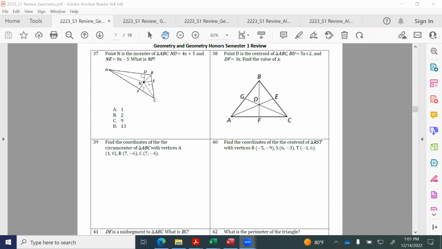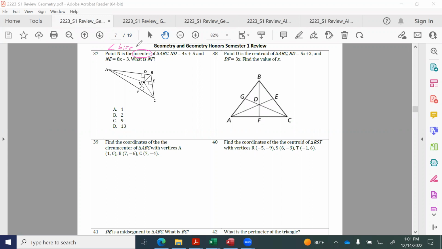Yes. All right, let's see if we can at least get these four done. On 37, point N is the in-center of ABC. So again, it's the in-center. In-center means it's where all the what meets. So in-center is where the angle bisectors meet.